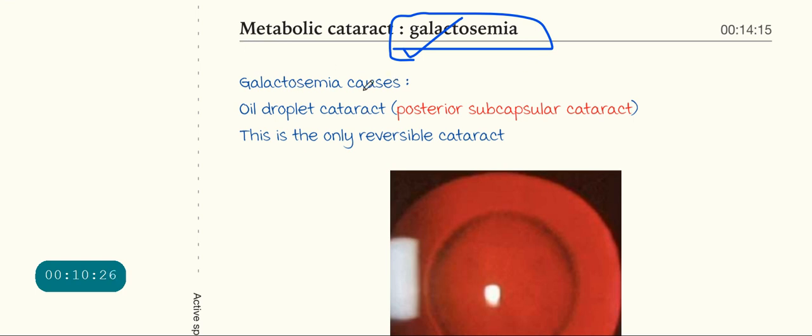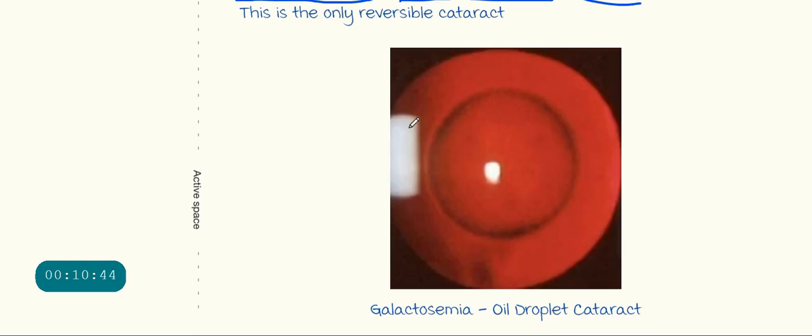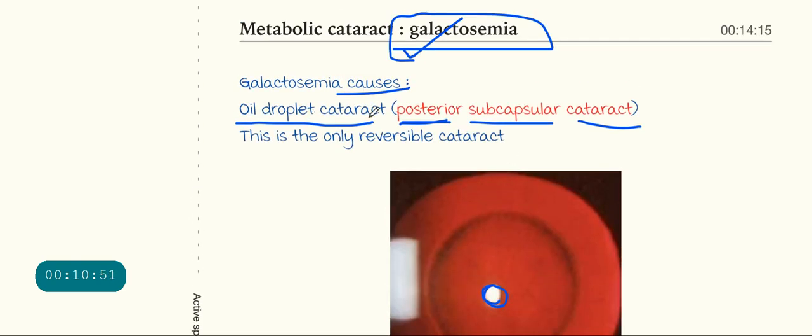These are oil drop cataract, and this oil drop appearance is at the posterior aspect, so it is called posterior subcapsular cataract. You can clearly see this is the posterior surface, and this whitish color is an oil drop appearance cataract. Now this is a reversible cataract.